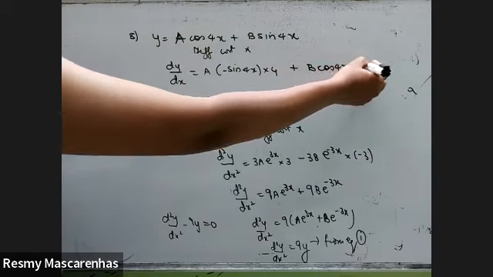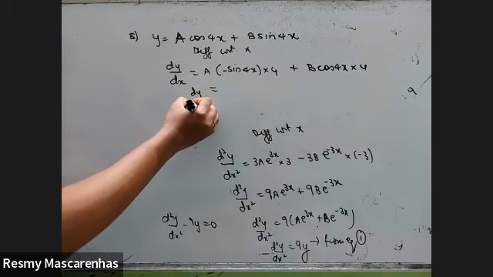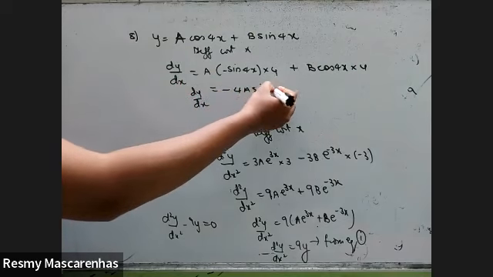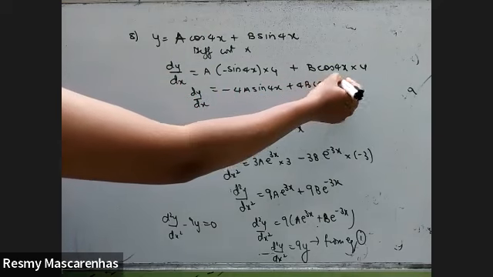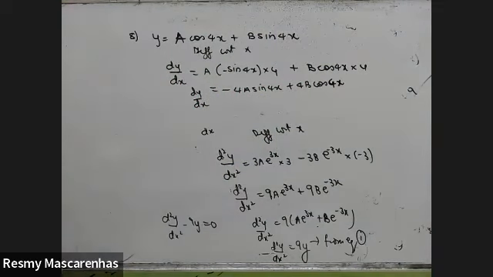So dy by dx is minus 4a sin 4x. Again we have to differentiate one more time.